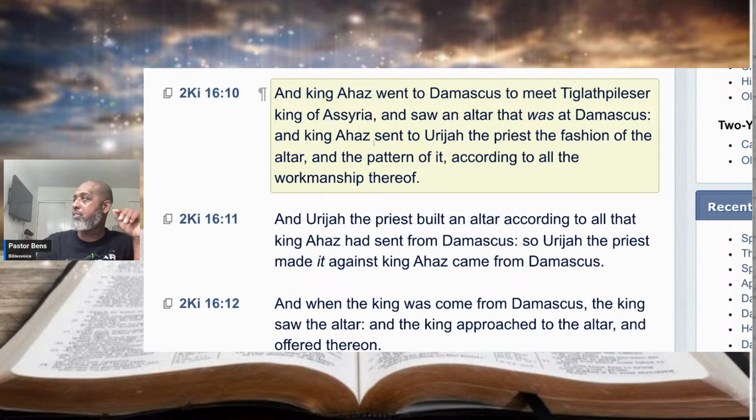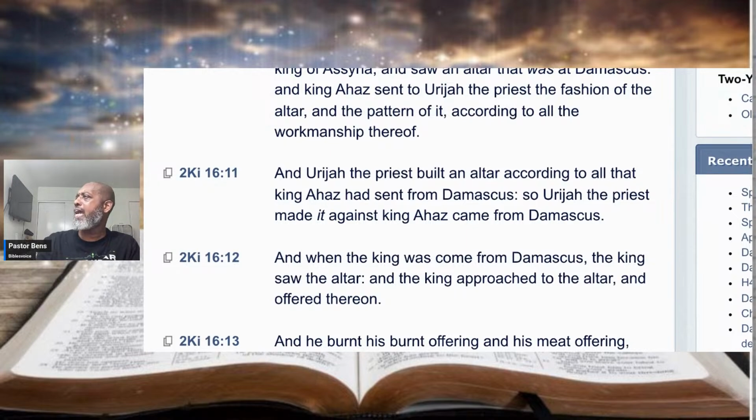Watch what verse 11 says. And Urijah, the priest, built an altar according to all that King Ahaz had sent from Damascus. So Urijah, the priest, made it against King Ahaz came from Damascus.